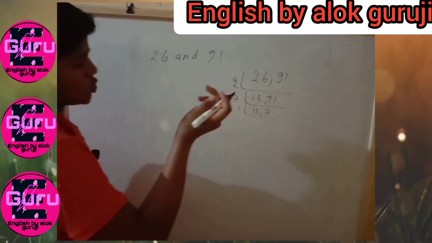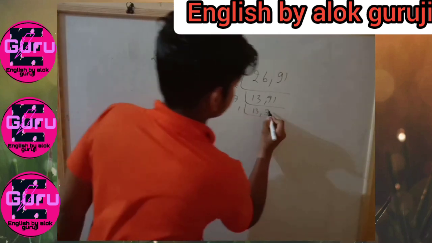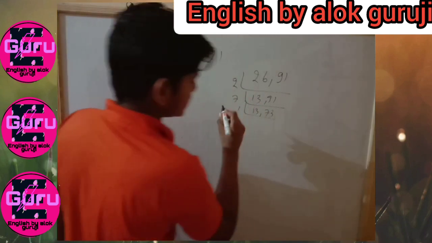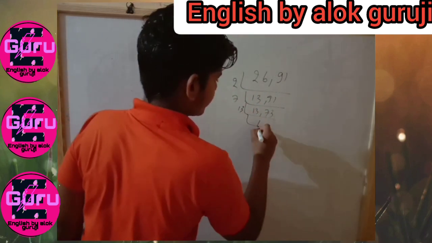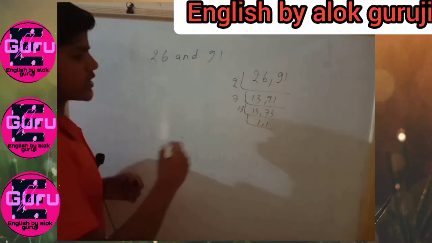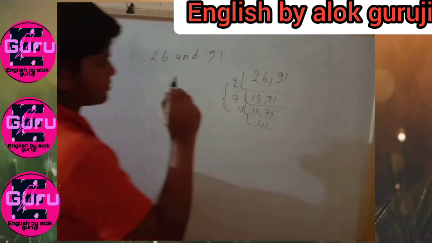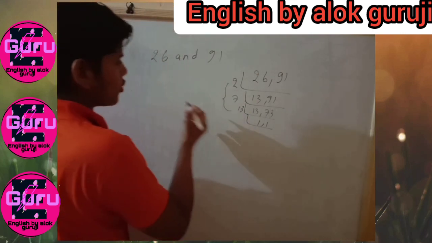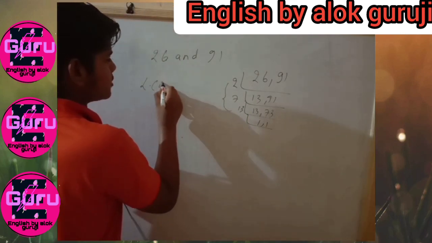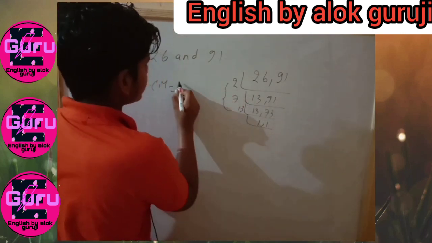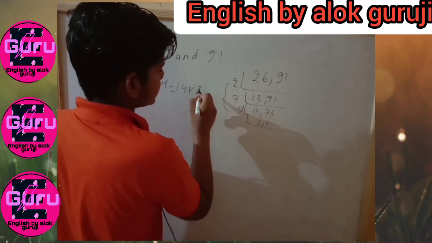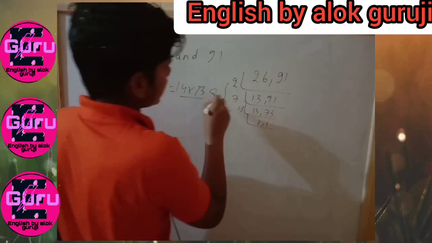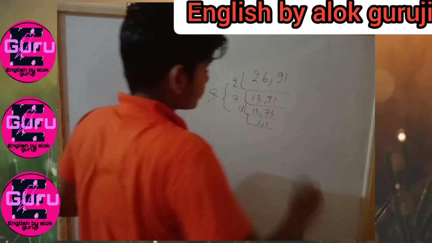Now you should take it. No, sorry, 13, 1. Now the factors, we should multiply these things for LCM. Now LCM is equal to 2 into 7 into 13 is our LCM. We should erase this.